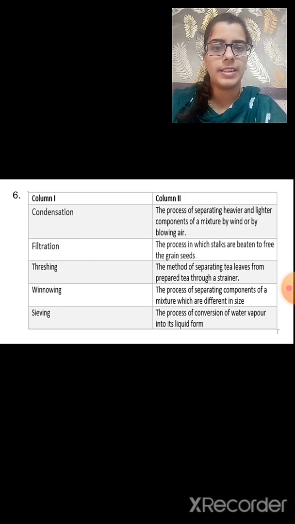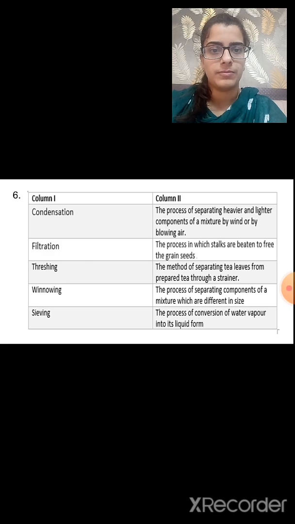So what is condensation? What will be the correct answer? Condensation is the process of conversion of water vapor into its liquid form. Then what do you mean by filtration?